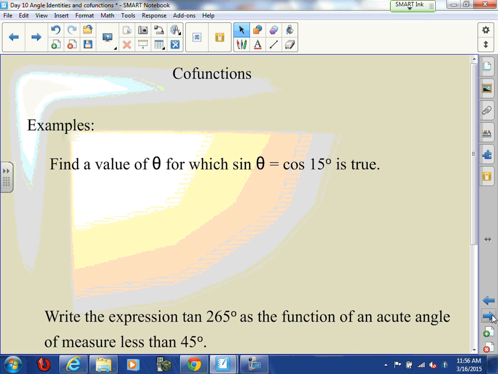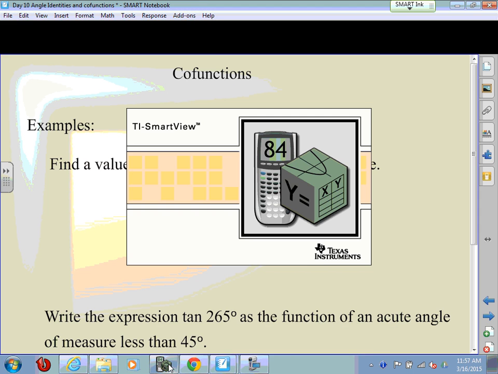For which value of theta is this going to be true? You try to answer this question, and then I'll show you how to do it if you don't get it done. Find a value of theta for which sine theta equals cosine 15 degrees is true. Wouldn't it just be 90 minus 15?